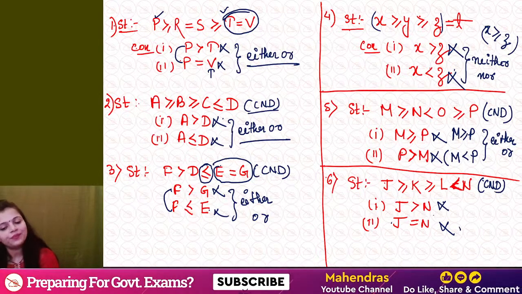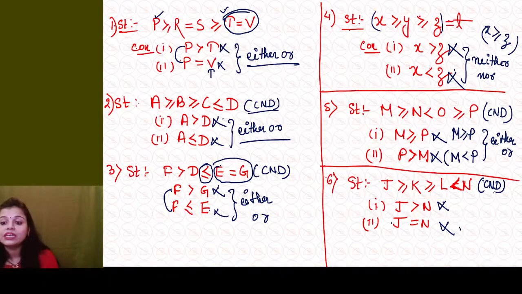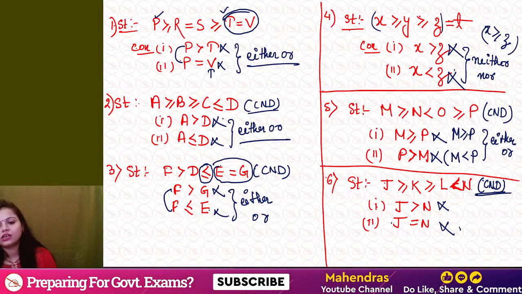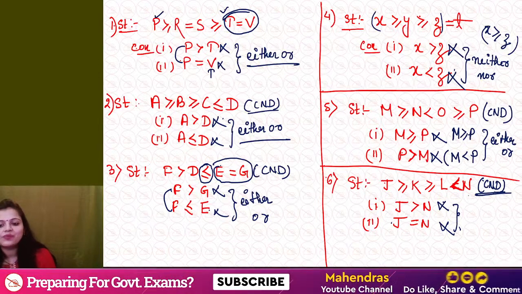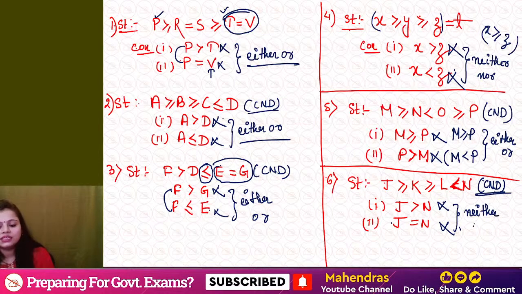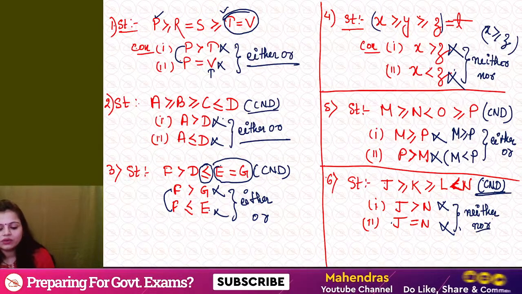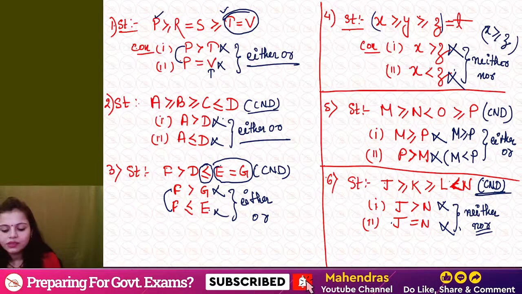Yes, elements are same. And all the three signs, because in case of C and D, we need three signs in conclusion. But in this statement, we are getting only two signs. That means your answer will be neither nor.